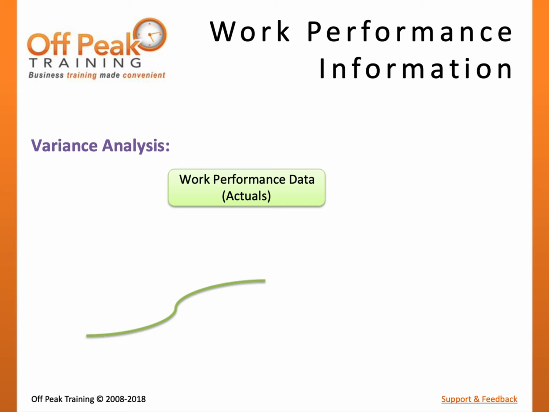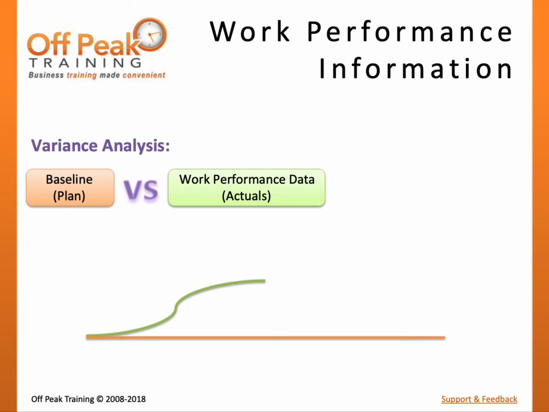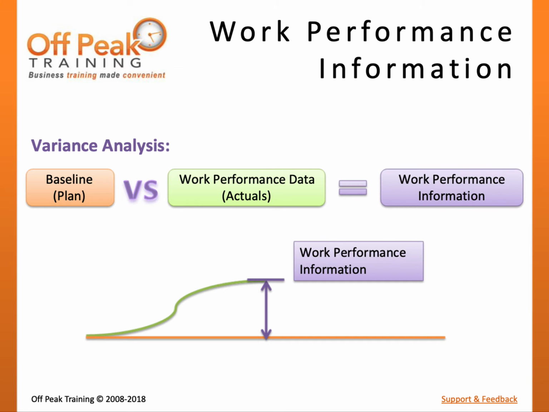It is in the control schedule process that we compare this work performance data against the plan or schedule baseline through our tool and technique called Variance Analysis. This gives the data context. As a result, we now have measurements or work performance information.